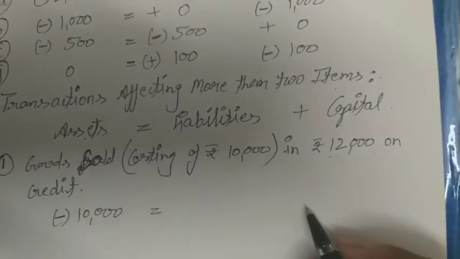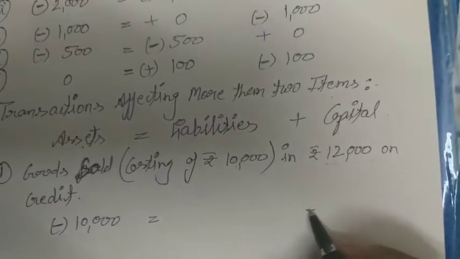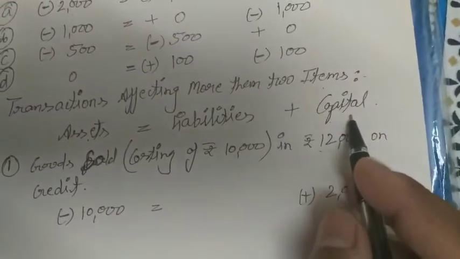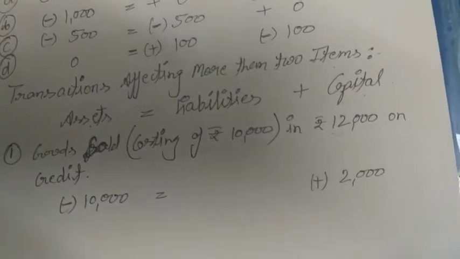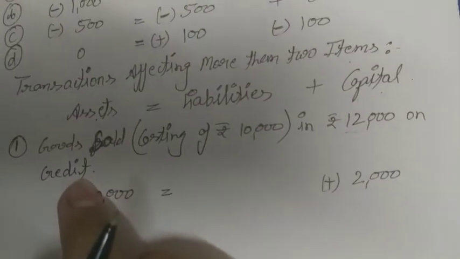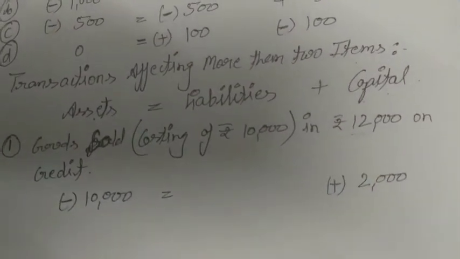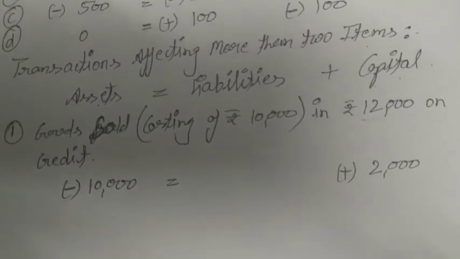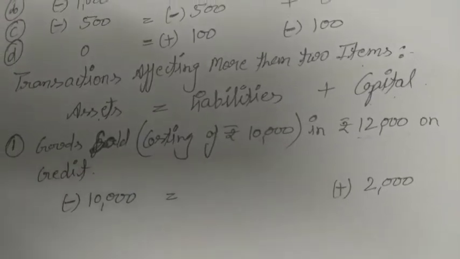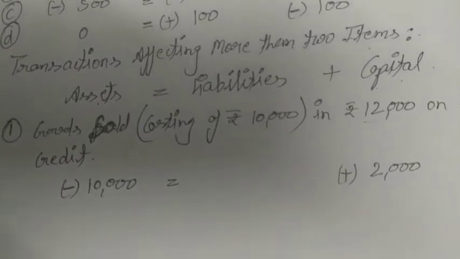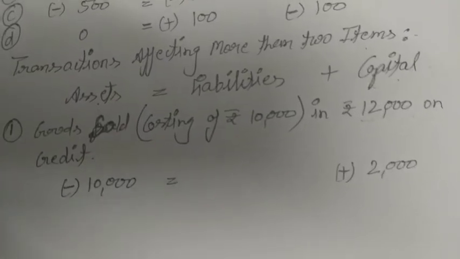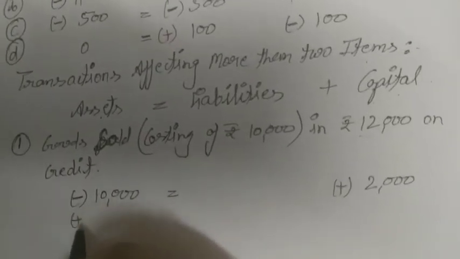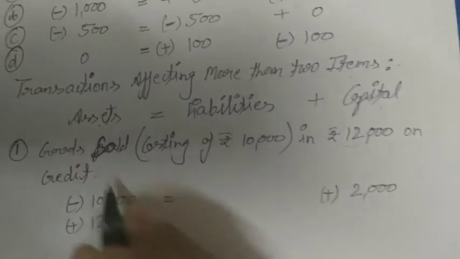So we receive 2,000 rupees profit here. Capital will be affected by rupees 2,000 because profits are added to the capital, and we sold goods on credit. So debtors are generated here, because we are selling the goods and not receiving the amount at that time, so debtors will be generated and debtors come under assets. So once again 12,000 rupees will be added to the assets.